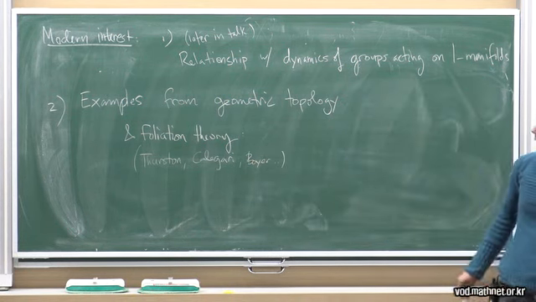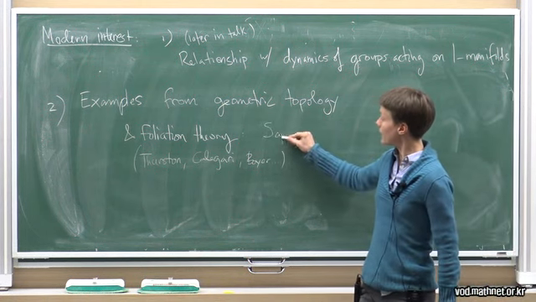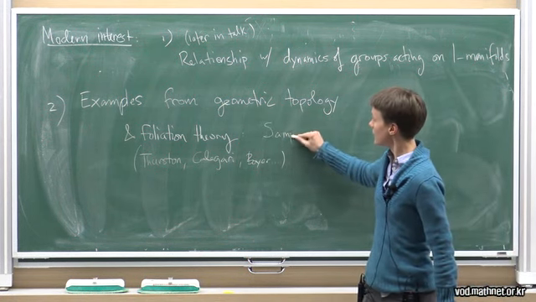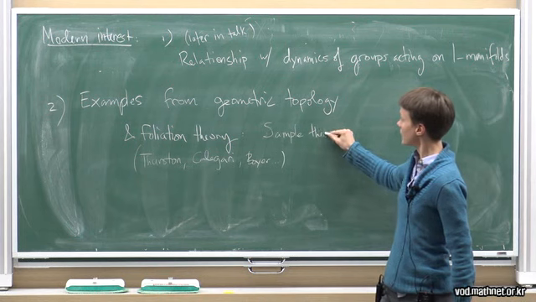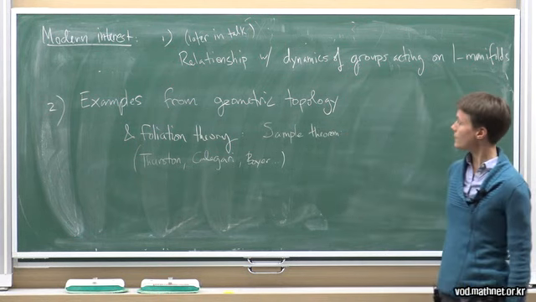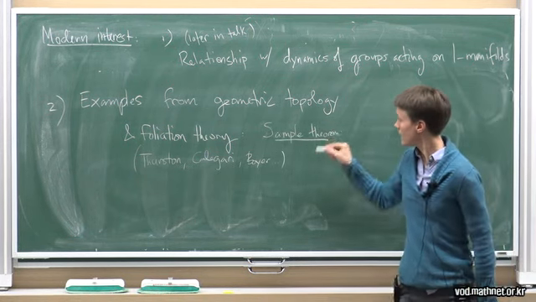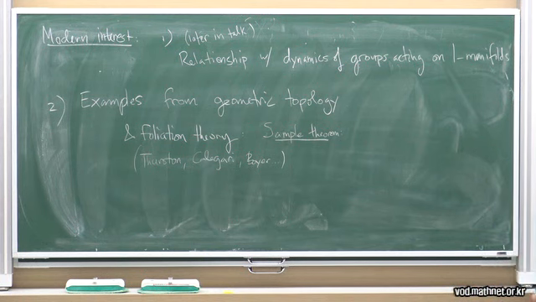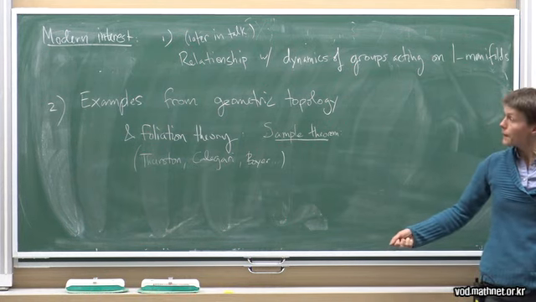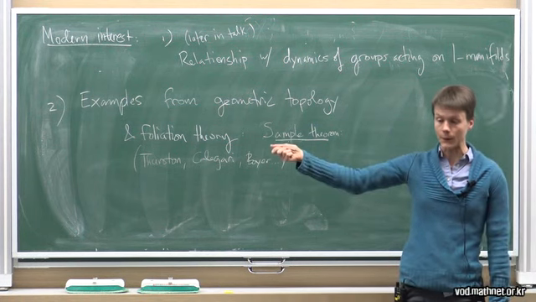Okay. So let me state a sample theorem here. The theorem says that if you have a three-manifold with a particularly nice foliation on it, so a particularly nice way of dividing it up into two-dimensional subsets, then the fundamental group of that manifold has a left invariant linear order.